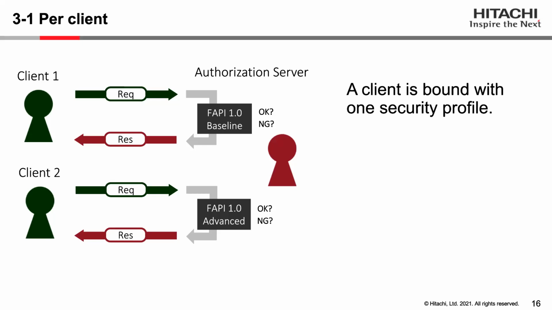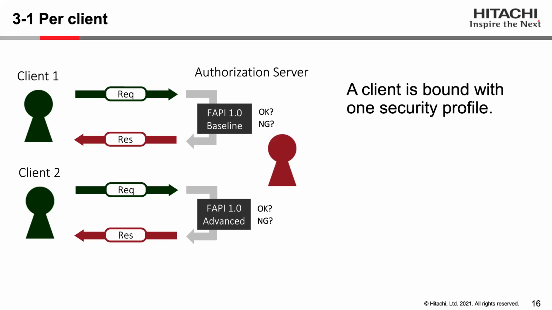For example, here, the auth server applies FAPI 1.0 baseline onto every request from client 1, while the auth server applies the FAPI 1.0 advanced security profile onto every request from client 2. I'd like to call it the per client option.